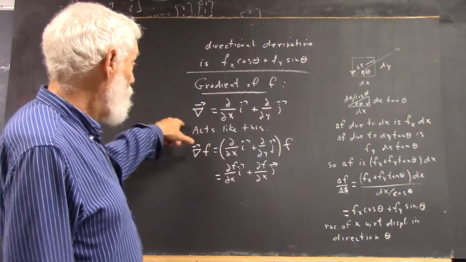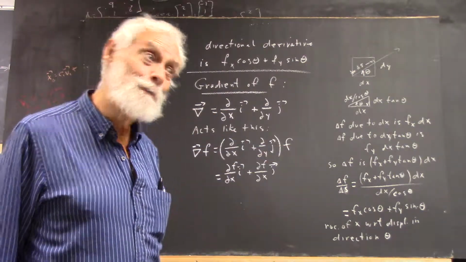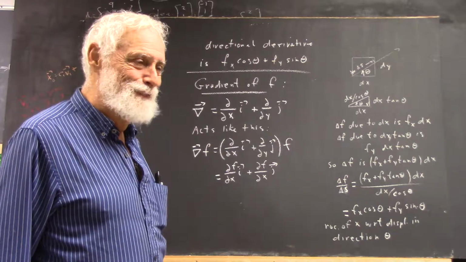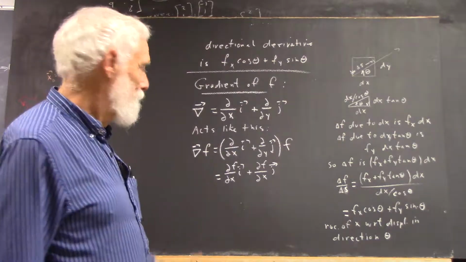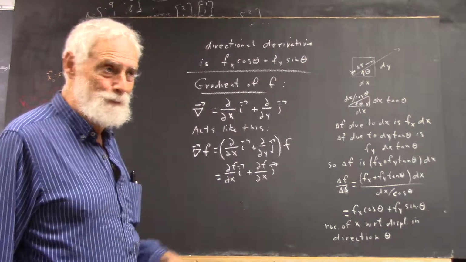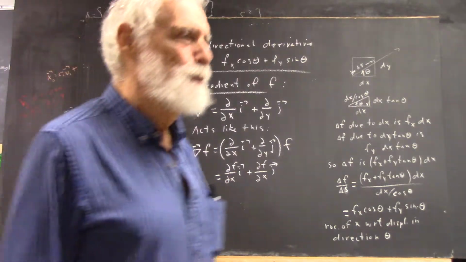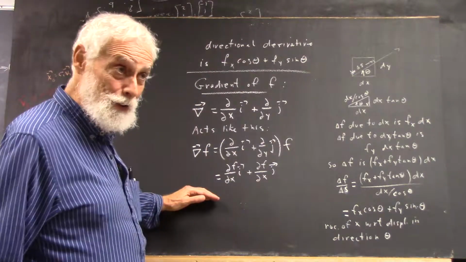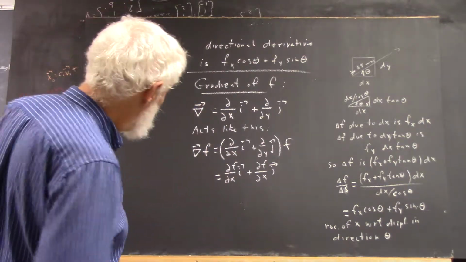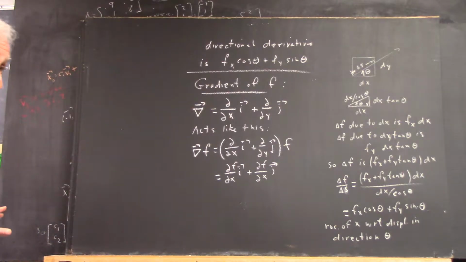That's just the del operator dotted with the del operator. Okay? Of course, that's based on the operator, and we're actually going to see that relatively soon. Okay? But we don't need it right now, so let's just stick with one application of the operator. Okay? So, there it is.